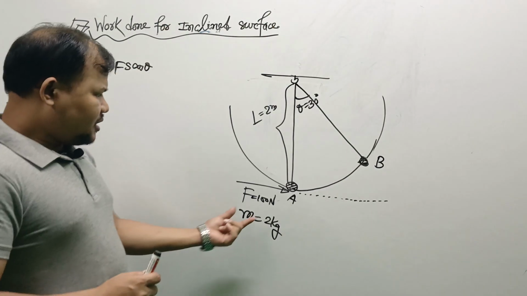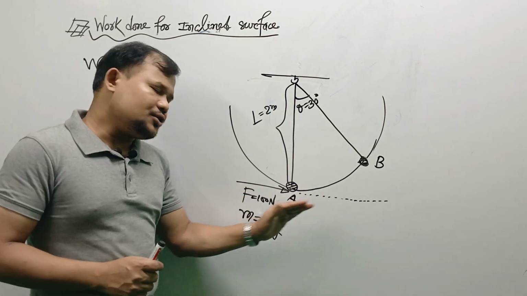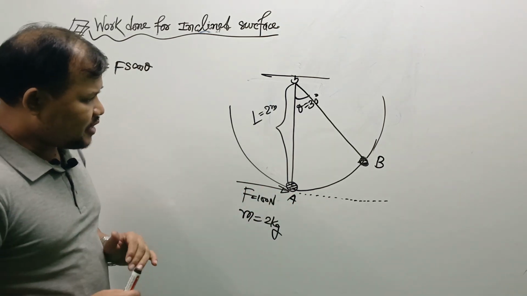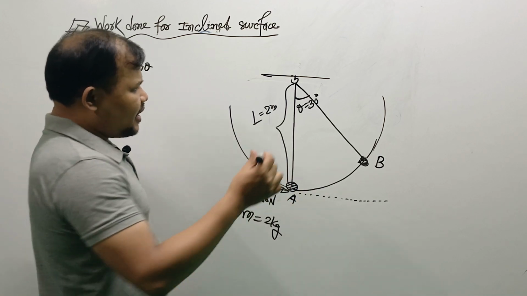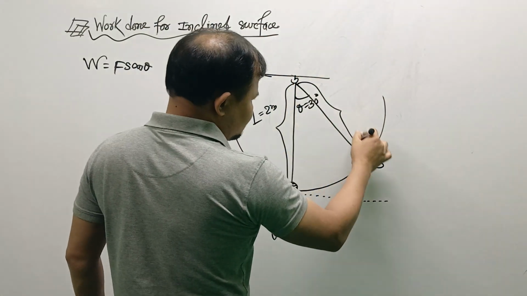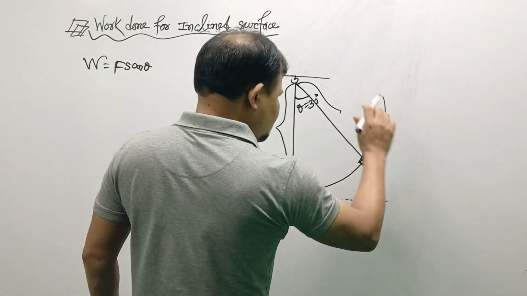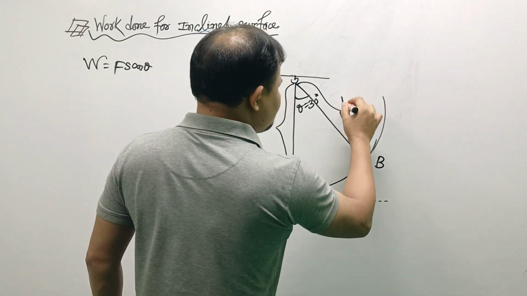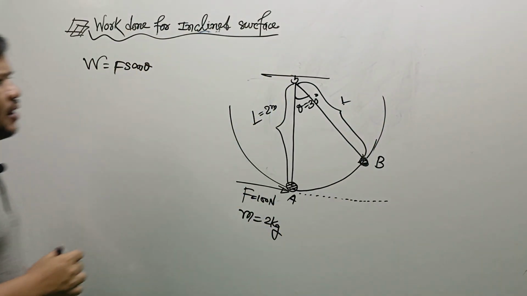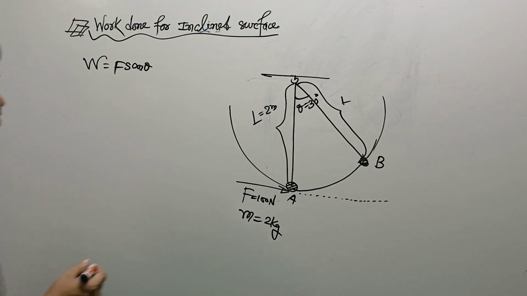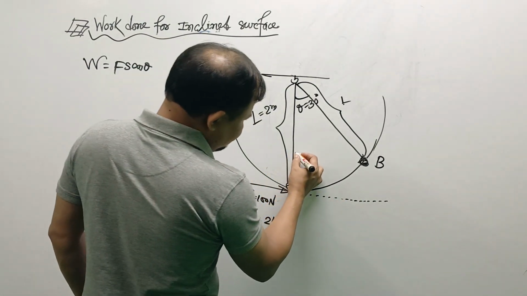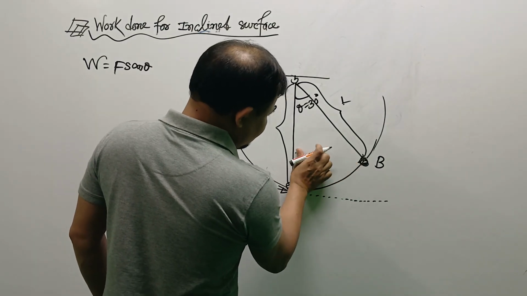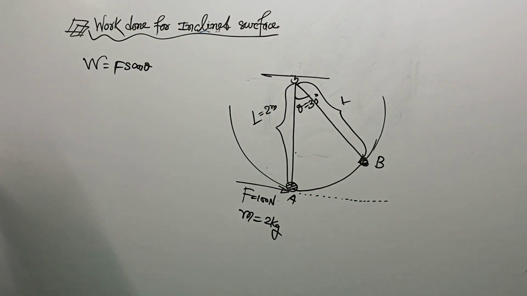As we apply the force in this direction, our duty is to find out the displacement in this direction. This is L, this is L. How can we find this? This can be found very easily if you have the knowledge.